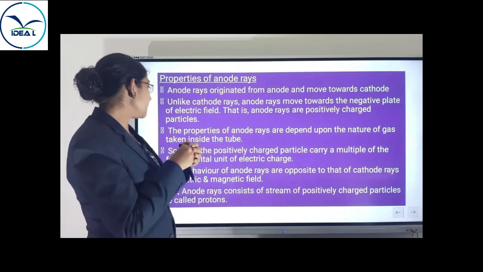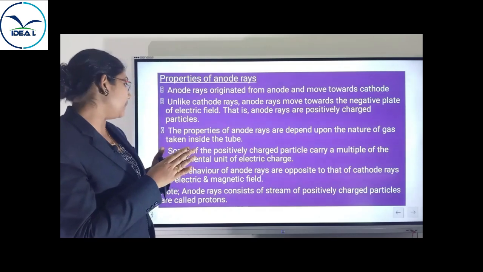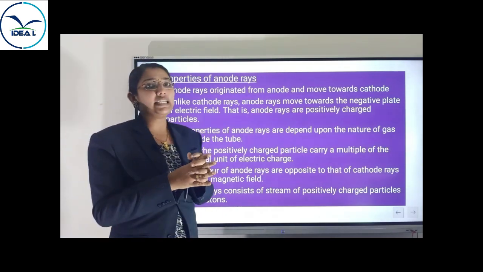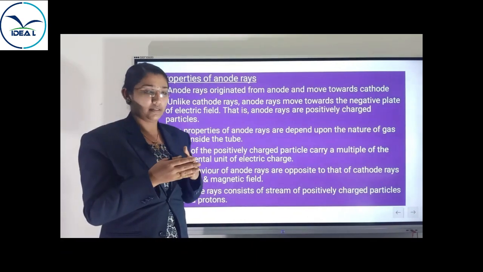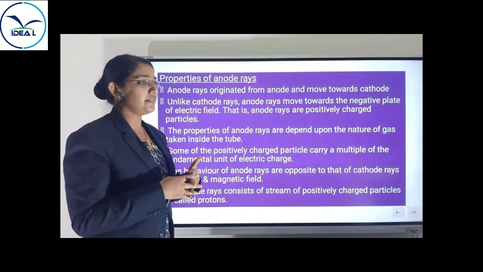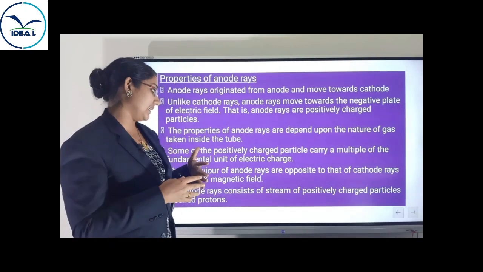Some of the positively charged particles carry multiples of the fundamental unit of electric charge. We know that electric charge consists of many fundamental units, and some of the positively charged particles carry more than one fundamental unit of electrical charge.